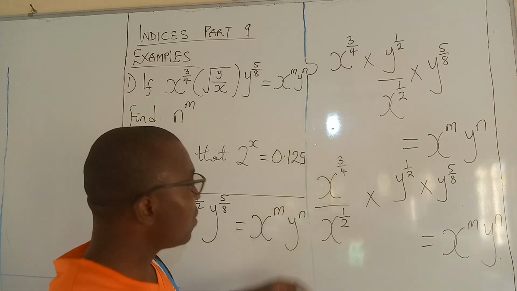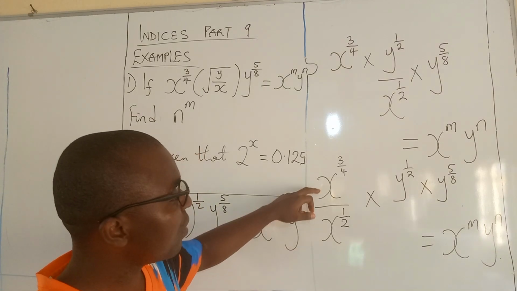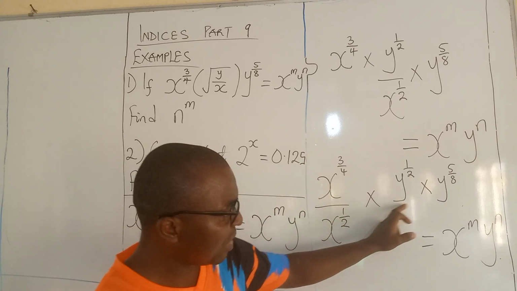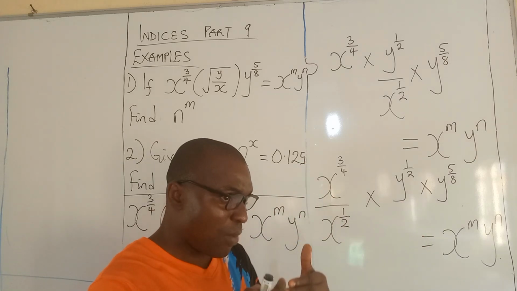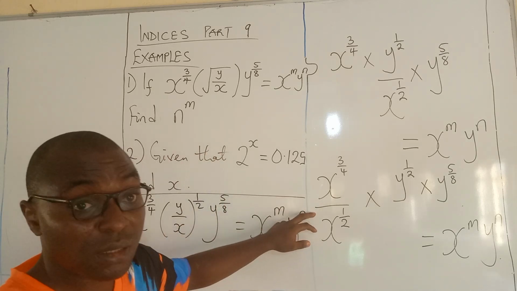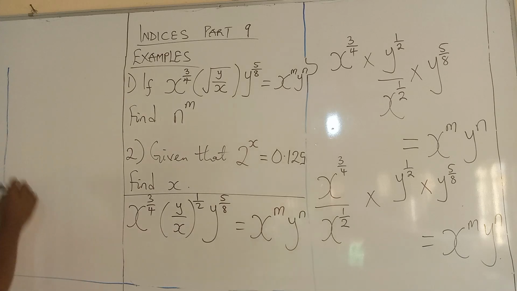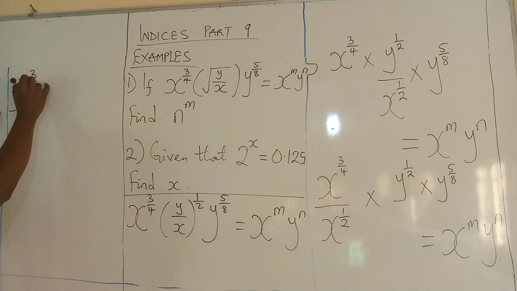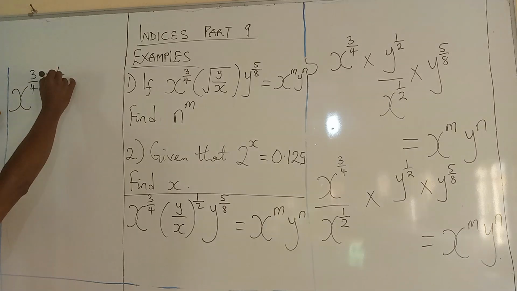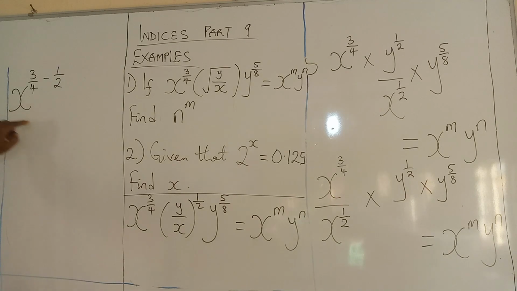Under laws of indices, when the bases are the same and it is division, you subtract their powers. When the bases are the same and it is multiplication, you add their powers. So the base here is x, the base here is x, and it is division. We subtract their powers. That will give us x raised to the power of 3 over 4 minus 1 over 2. That's for x.